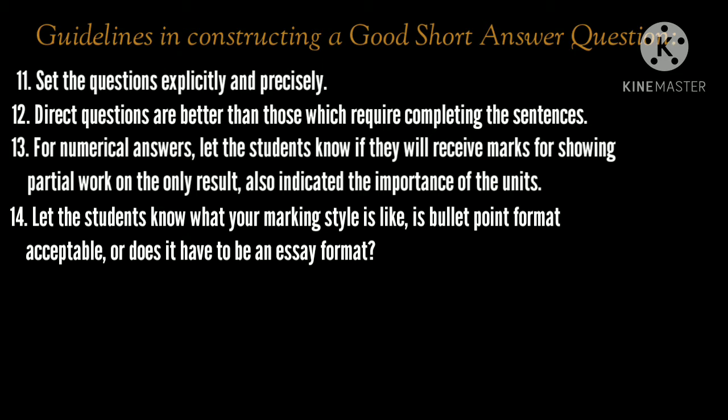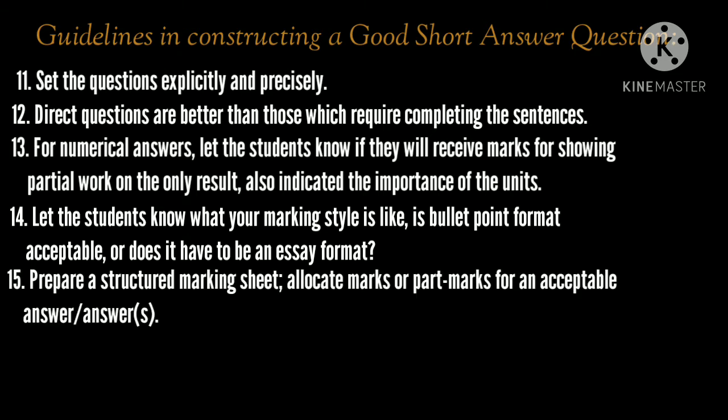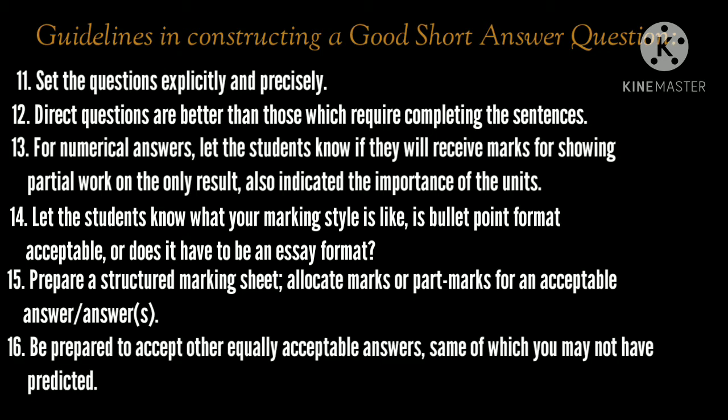Or does it have to be an essay format? Number 15, prepare a structured marking sheet. Allocate marks or part marks for an acceptable answer or answers. Number 16, be prepared to accept other equally acceptable answers, some of which you may not have predicted.